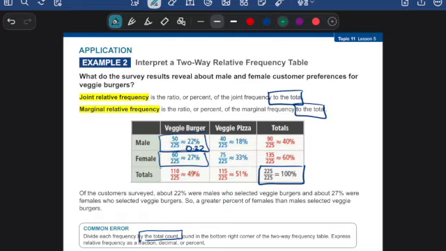Now we're looking out of everyone surveyed, how many total people wanted the veggie burger? 49%. Out of all of the people surveyed, how many total people, male and female, preferred the veggie pizza? 51%. So more people preferred the veggie pizza, 51% over 49% who preferred the veggie burger. Again, that's out of the total in the lower right corner.